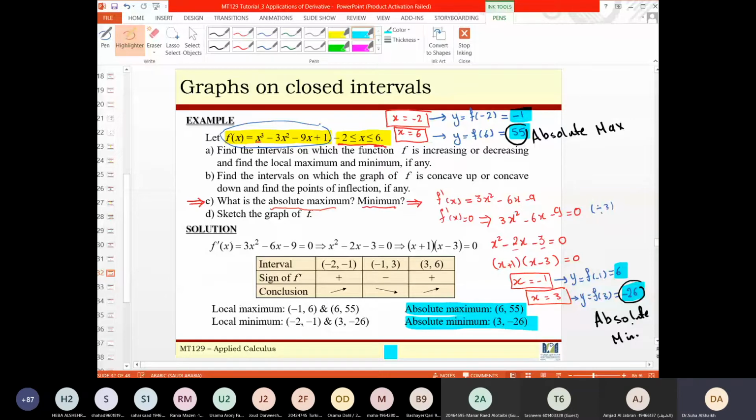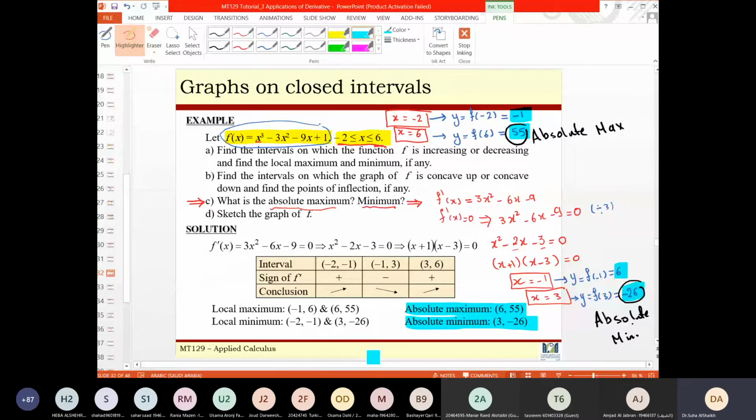When they ask me about absolute maximum and minimum, I take f dash equal to 0. I will get points along with the end points of the interval, and I see the highest value, it's the maximum, and the lowest value, it's the minimum, the absolute maximum and the absolute minimum, and this solves part C of the question.